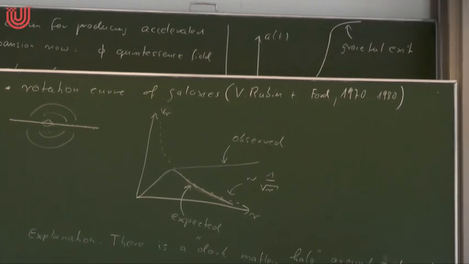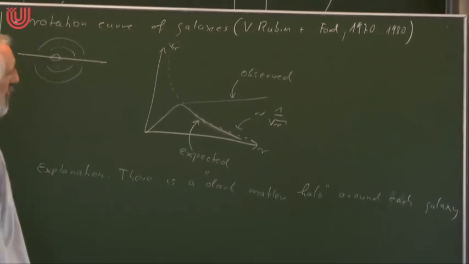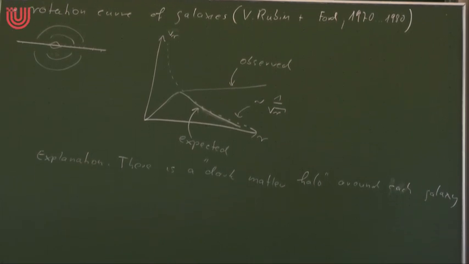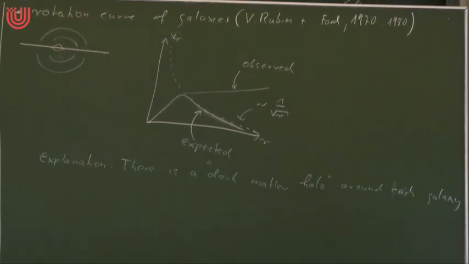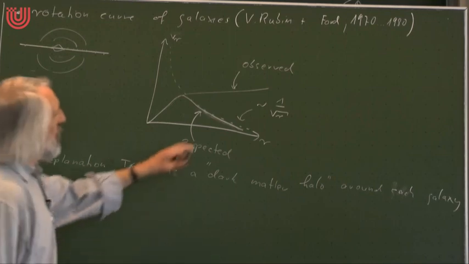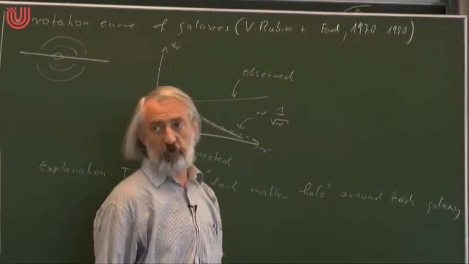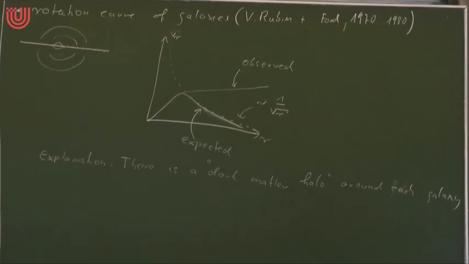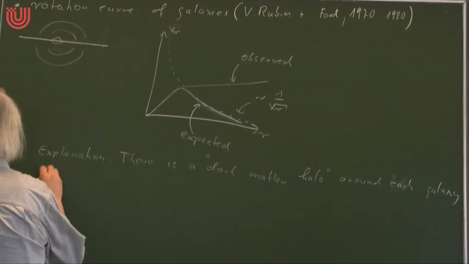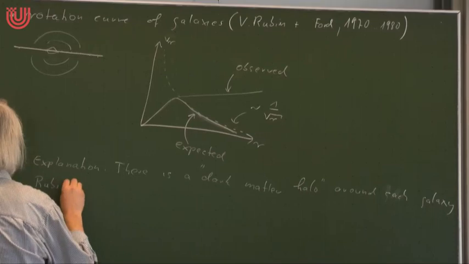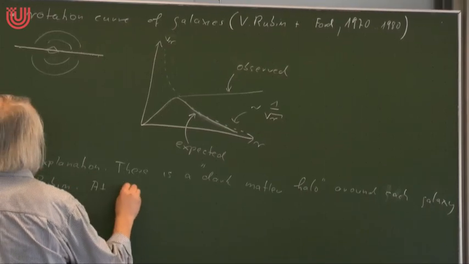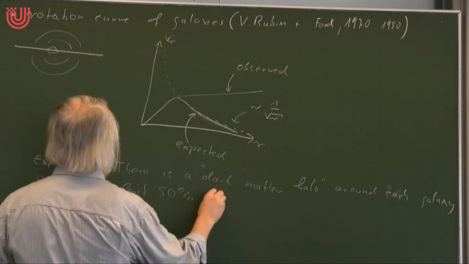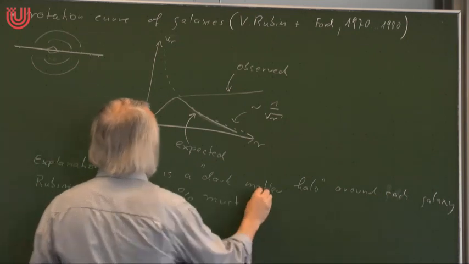And actually, this must be a considerable portion of the total mass of the galaxy. In the first papers of Rubin, she estimated that it must be about 50%. So Rubin: at least 50% of the total mass must be dark.